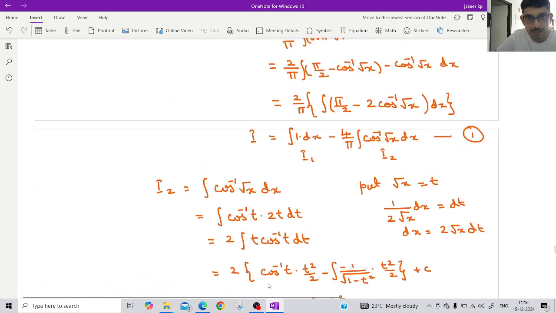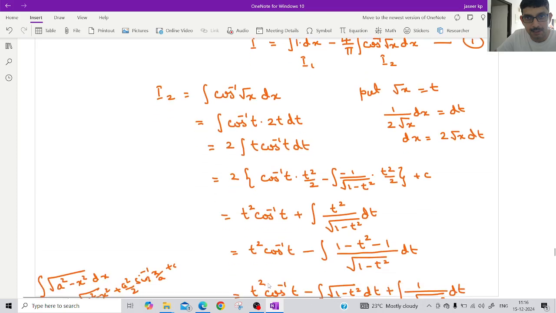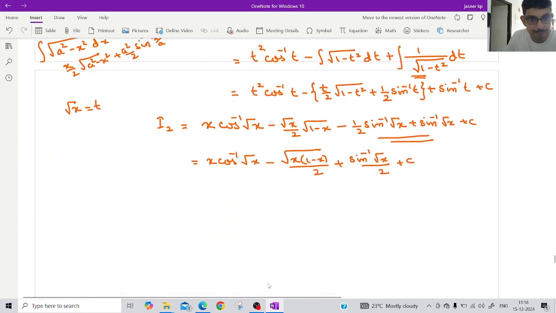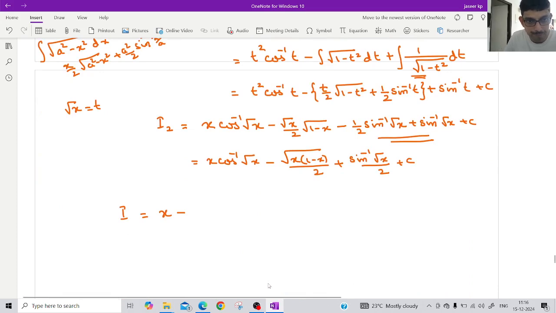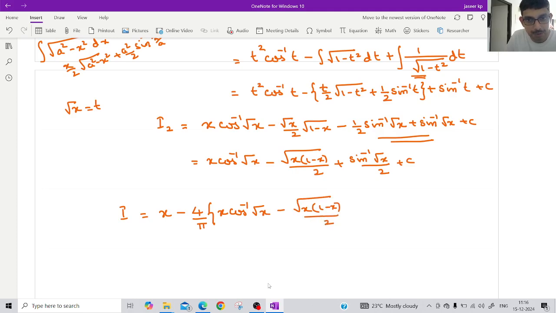Now we will be substituting in I for the final answer. So I will be integral of 1 dx is there, x, then minus 4 by pi into integral of cos inverse root x, that is I2, x cos inverse root x minus root of x into 1 minus x by 2 plus sine inverse root x by 2 plus c.